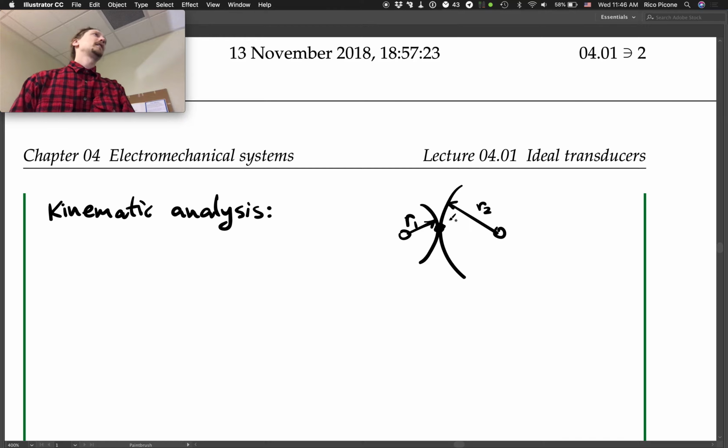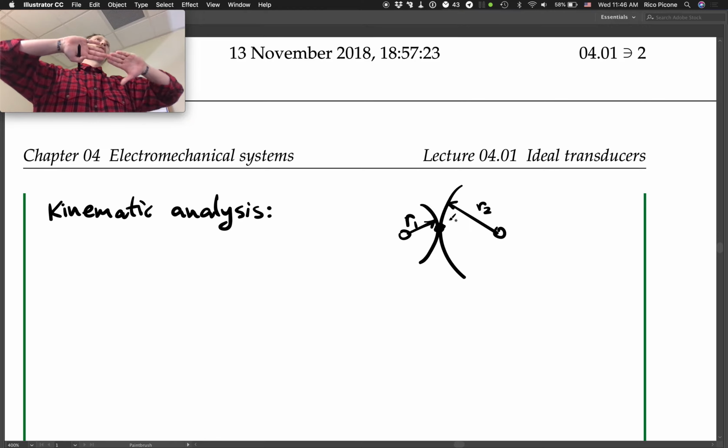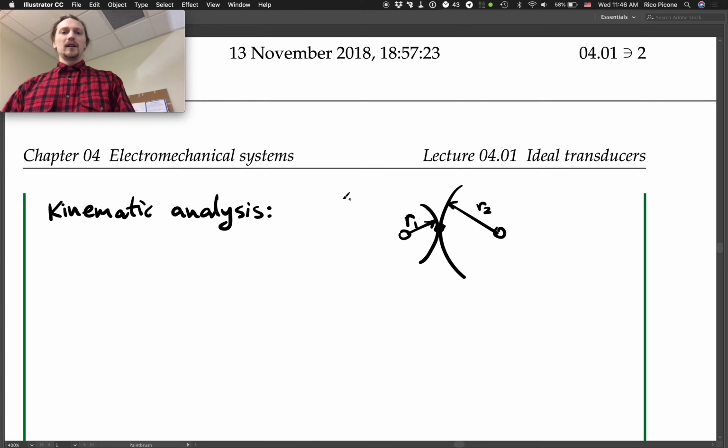So you can think of this as two cylinders that have contact at one point and don't slip at that point. So we'll assume no slipping.